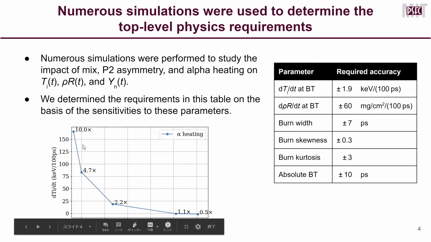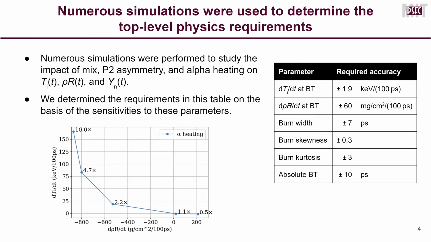Shown here is a few of the simulations that were performed in this ensemble, where the yield enhancement due to alpha heating was varied, and as you can see, the derivative of the ion temperature with respect to time at bang time and the derivative of ρr at bang time both vary as the effect of alpha heating changes.